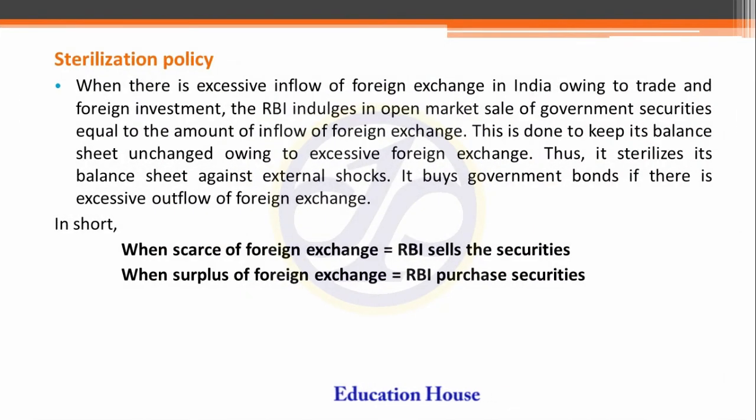And the last tool is the sterilisation policy. Sterilisation policy is the policy in which the Reserve Bank of India maintains the foreign exchange reserve. A simple example is that when the value of the rupee deteriorates in the context of the dollar, the dollar becomes stronger. The Reserve Bank of India sells dollars and protects the market from depreciation of the rupee.